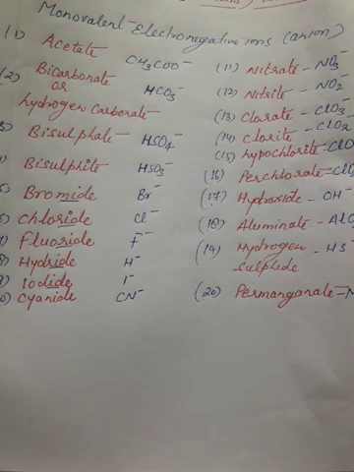So monovalent made up of one atom is clear. Then made up of two elements, cyanide CN. Hardly used, but in 10th class it will be used. So just learn cyanide CN made up of two elements, carbon and nitrogen, monovalent.